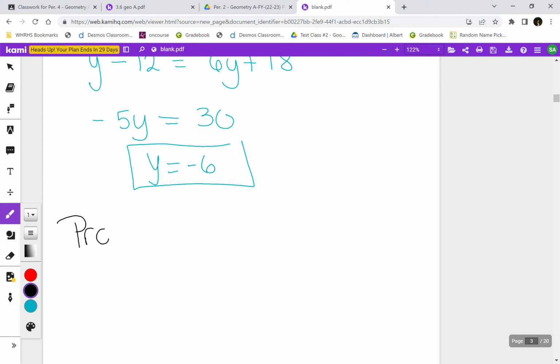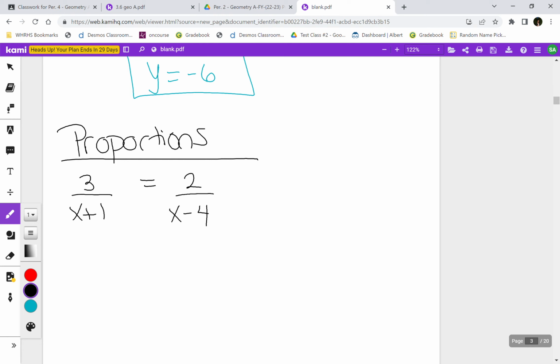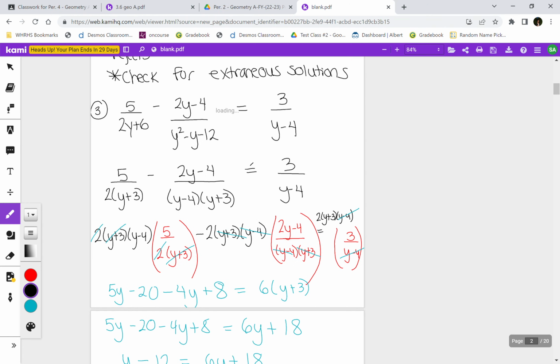Let's talk about proportions. All right. How is this different looking from the other ones we've just been doing?